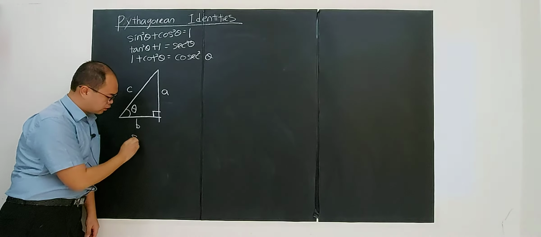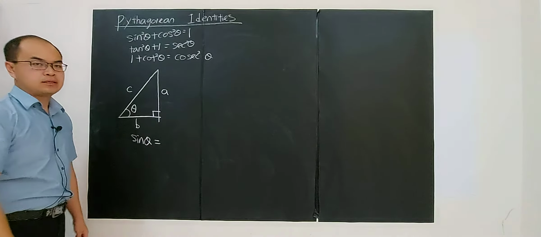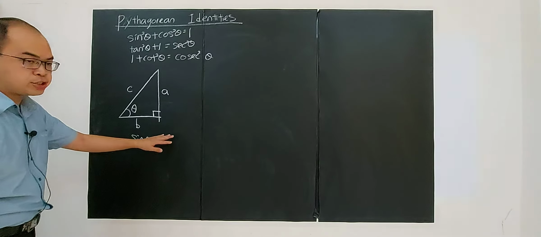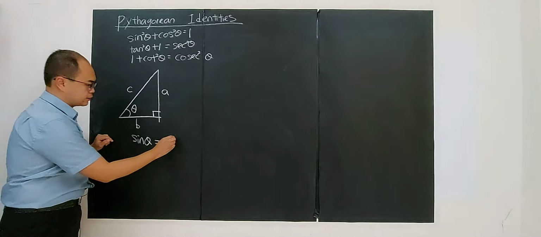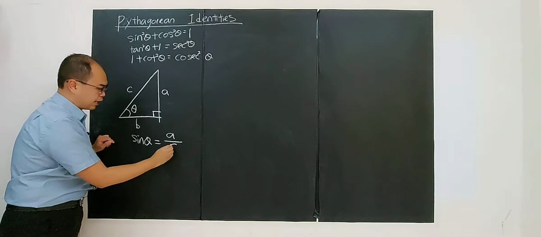From here, you know the definitions. Sine theta is the ratio of the length of the opposite side divided by the hypotenuse.